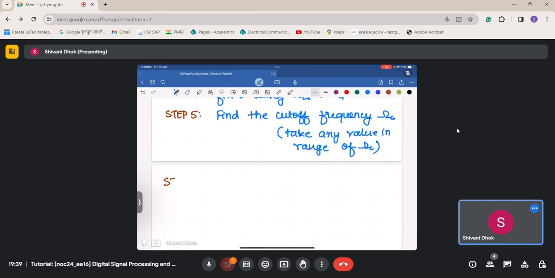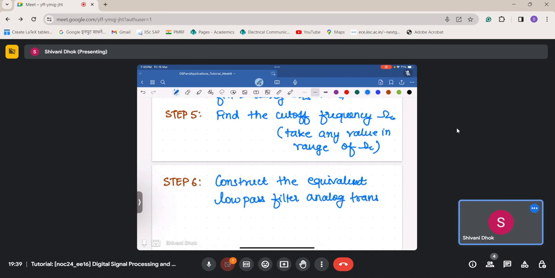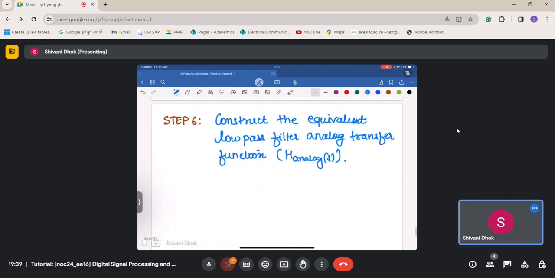Next step is step 6. Construct the equivalent low pass filter analog transfer function, which is basically H analog of S, and this will be specifically for low pass.